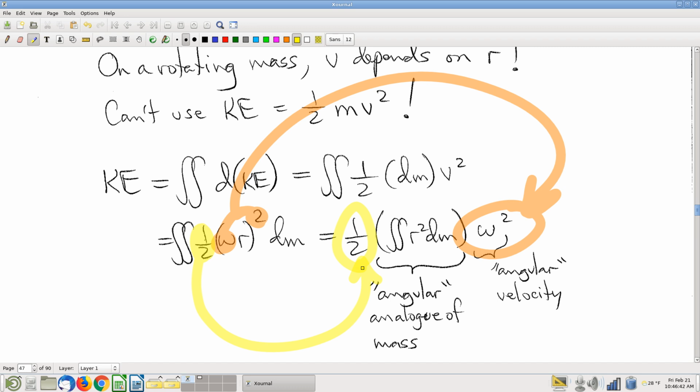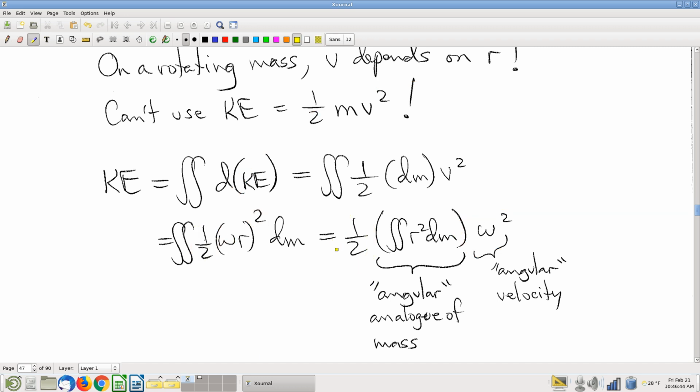And notice all that's left then is this. And so, a nice formula for kinetic energy. Kinetic energy is 1/2 times something squared, right? It rolls off the tongue the same way as 1/2 mv squared.